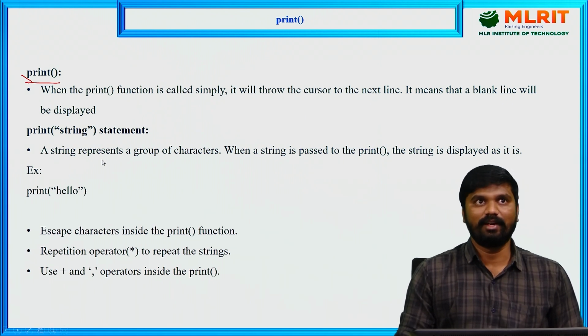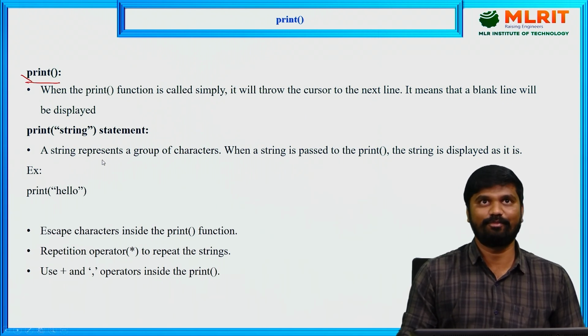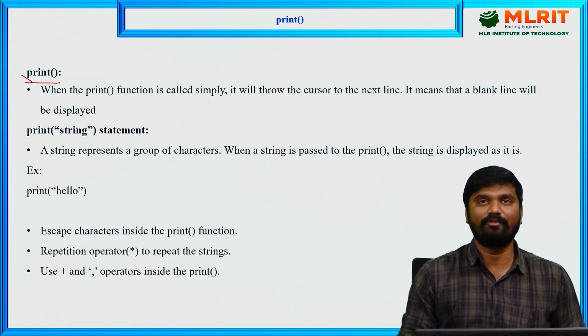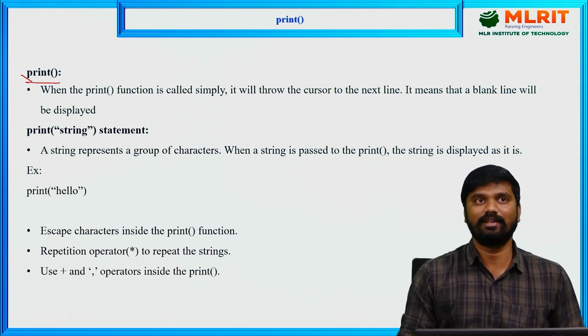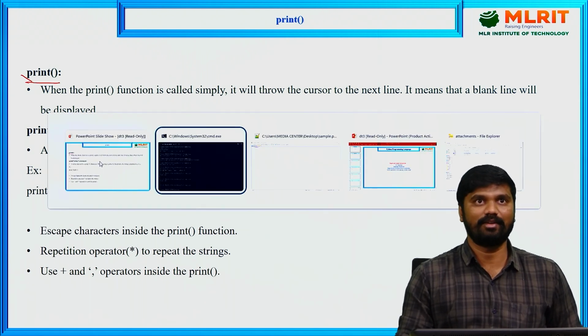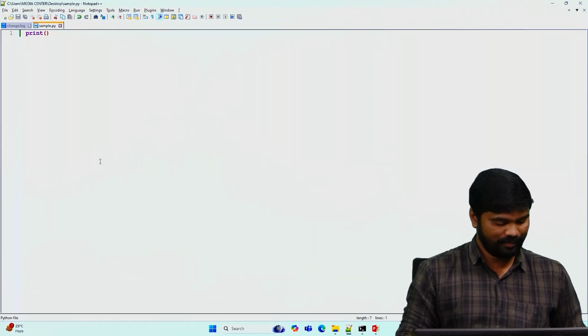Next, there is another format of the print function. If you pass a string into the print function, then whatever string is passed into the print function is displayed in the same manner. Let me show the program.